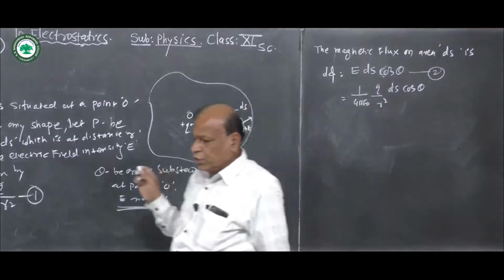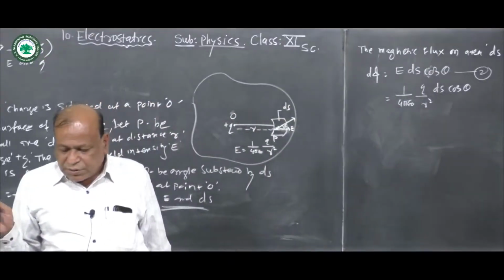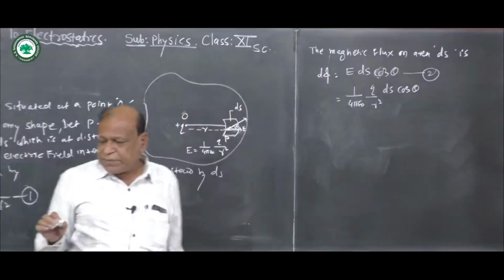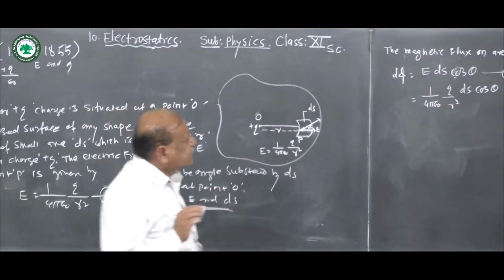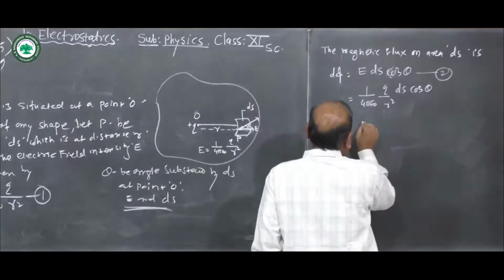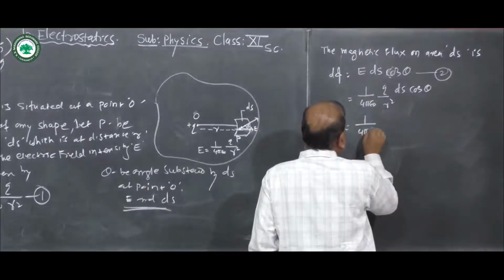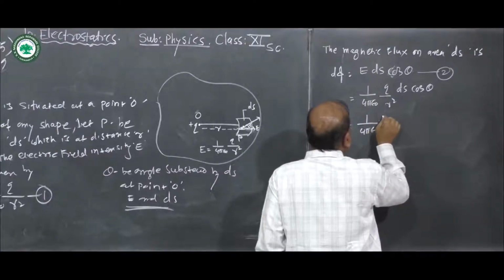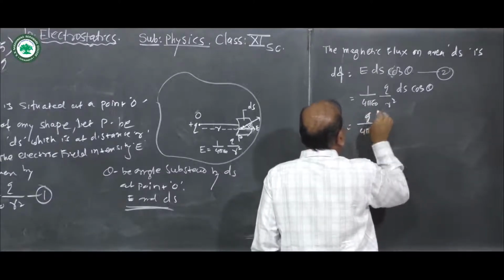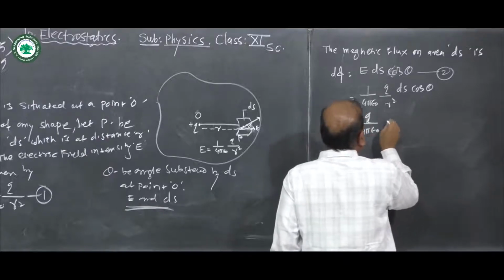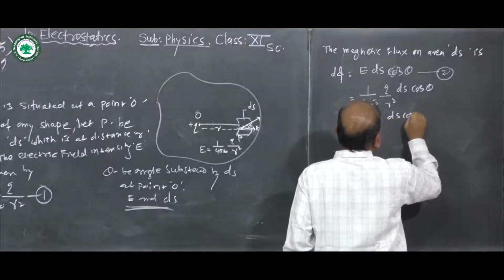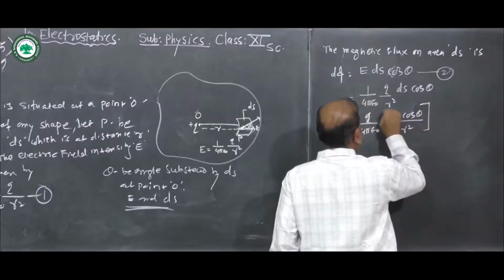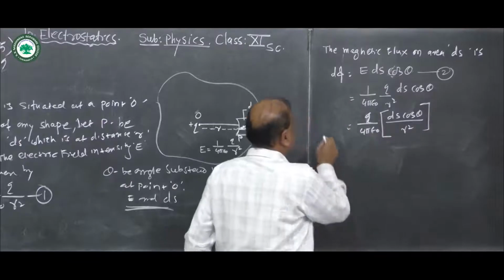Now ds cos theta divided by R square, and modifying, Q upon 4 pi epsilon 0 into ds cos theta divided by R square. This term we write in this manner.